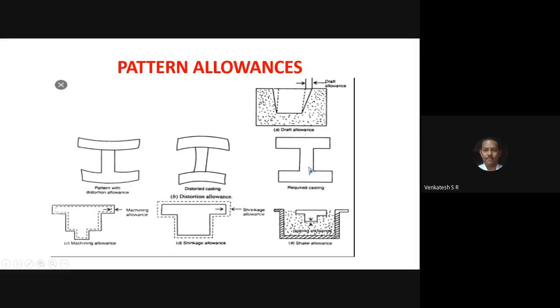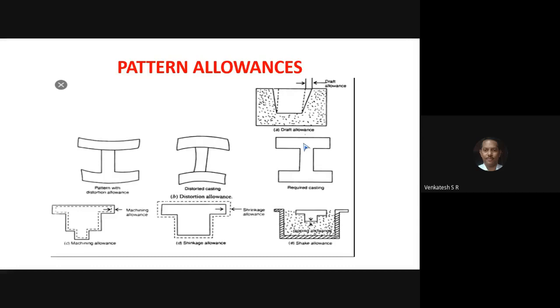Here, all of you observe. This is the I-shape of casting required. If you need the same type of casting, you have to provide some allowances in the mold cavity.